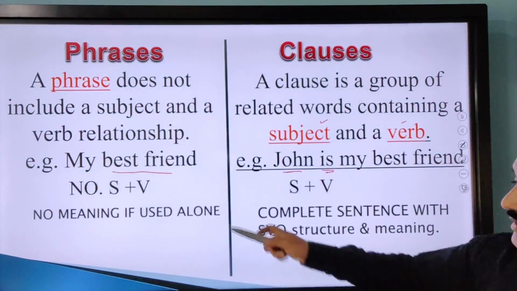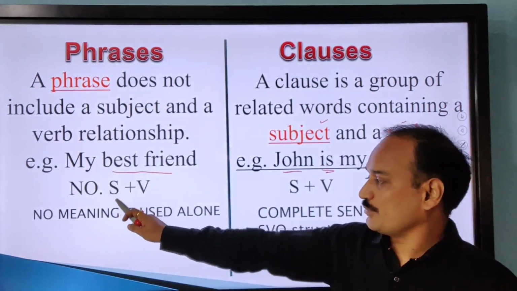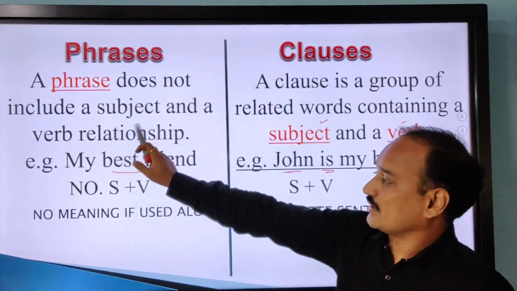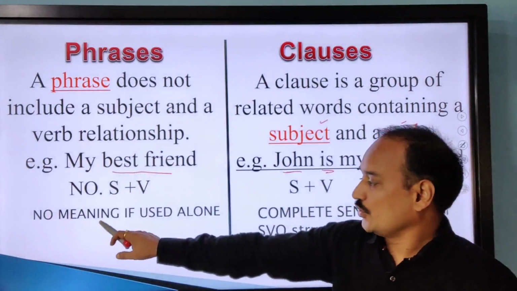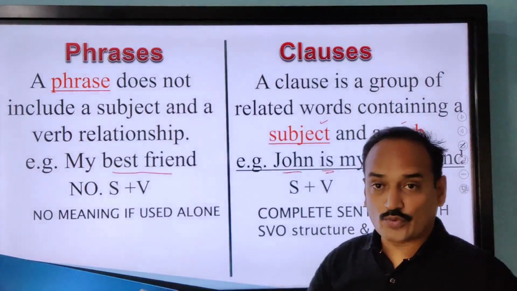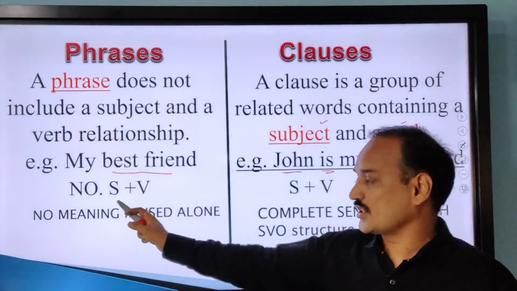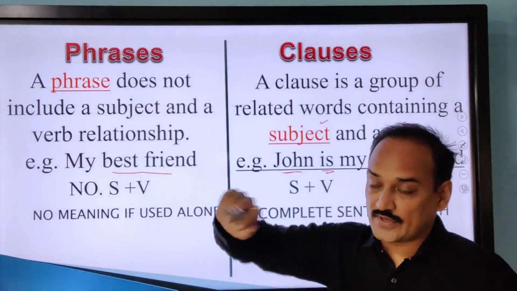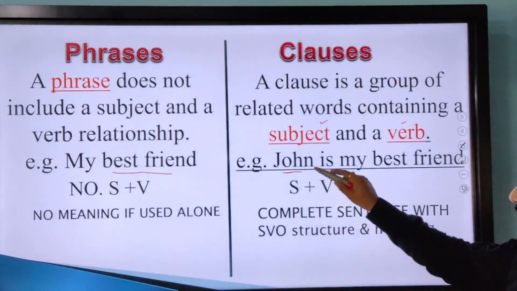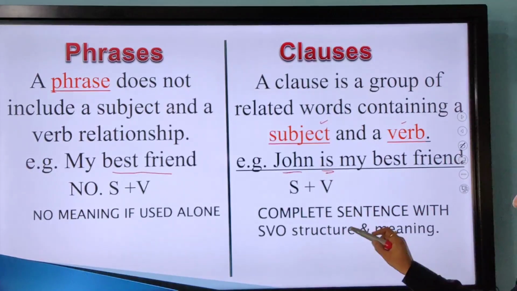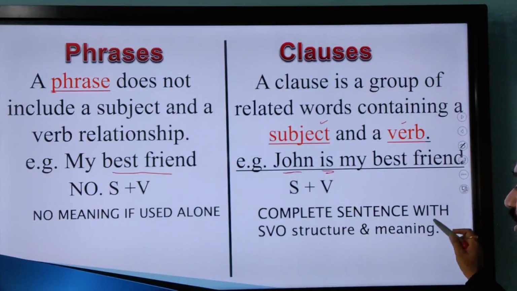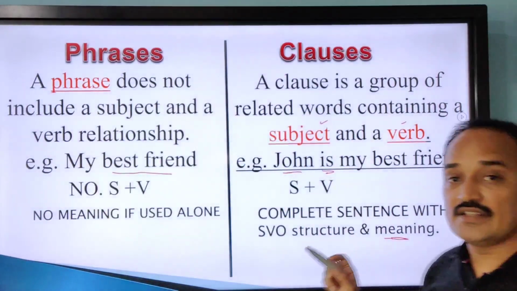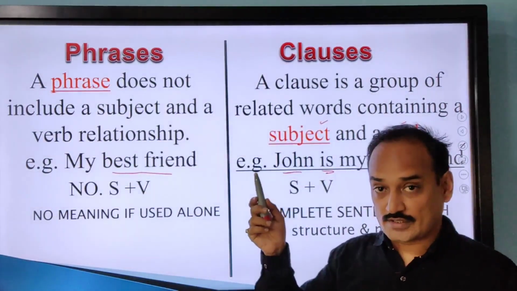In a phrase there is no subject and verb relationship, so it has no meaning if used alone. When a group of words comes alone without subject and verb format, it is called a phrase. Whereas a group of words having subject and verb, a complete sentence with SVO structure, which at the same time has some meaning, is called a clause.